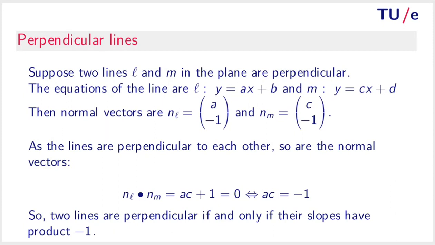But that means that ac plus 1 is equal to 0. So a times c is -1. And we have that the two slopes, a and c, of these lines have product -1. So any two perpendicular lines, L and M, have the property that the product of their slopes is equal to -1.